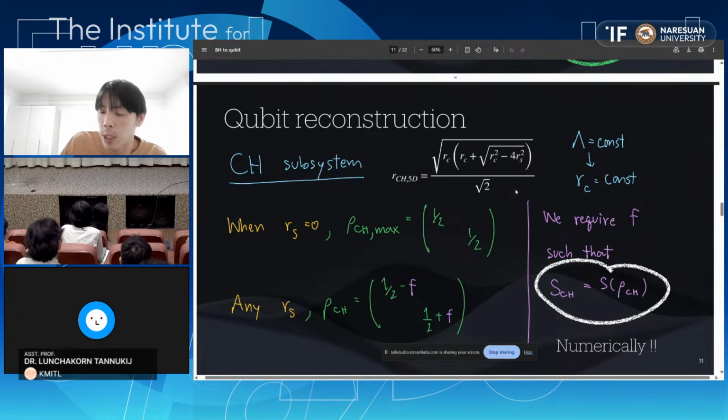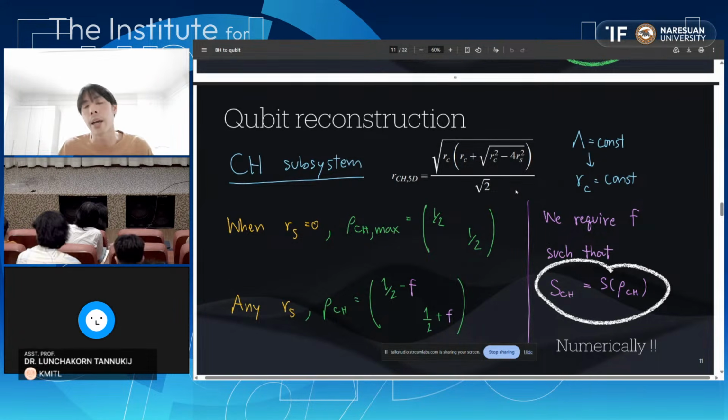And if we assume that this thing is a canonical thermal state, then it has this Boltzmann factor, and you can solve for T and the energy eigenstate. That's what I believe we can do for now.